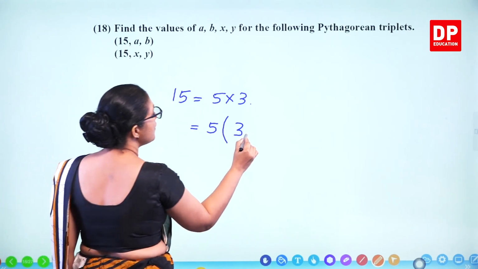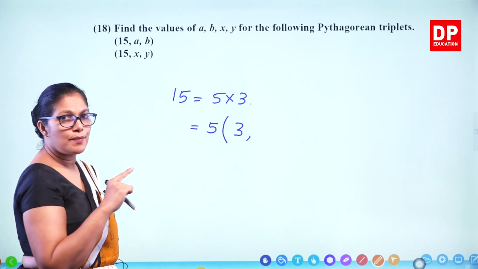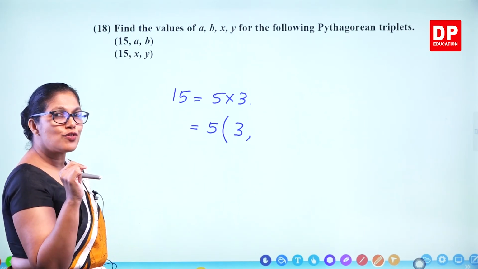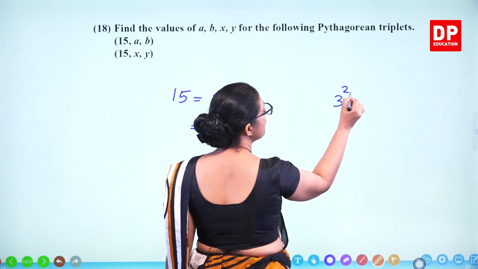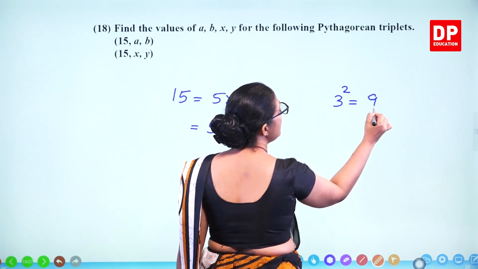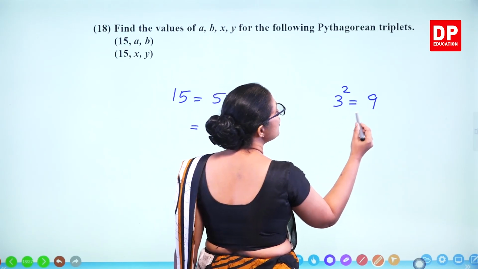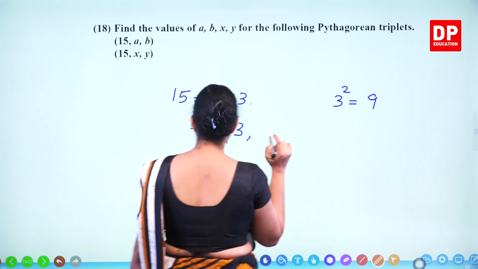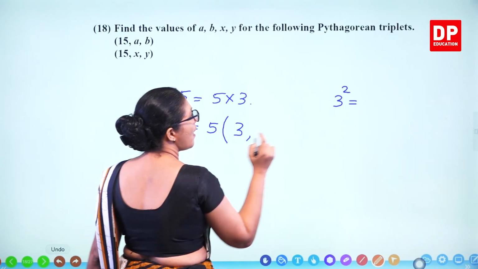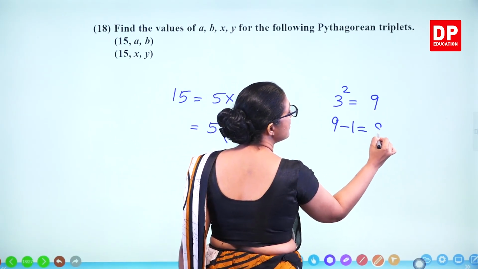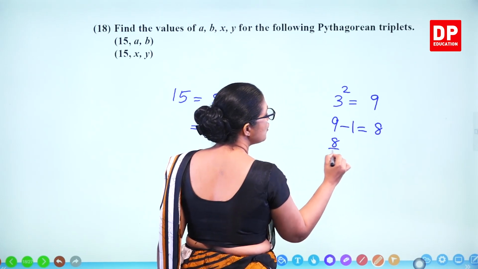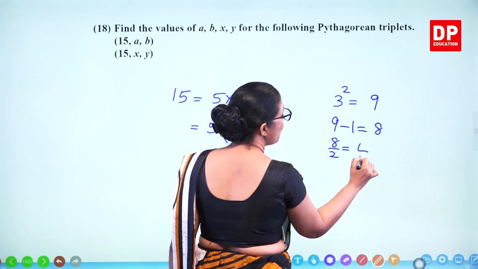If 3 is the one value, how can you find the other two numbers of the Pythagorean triplet? You square it, that's 9. Then subtract 1, that's 8. Divide by 2, you get 4.